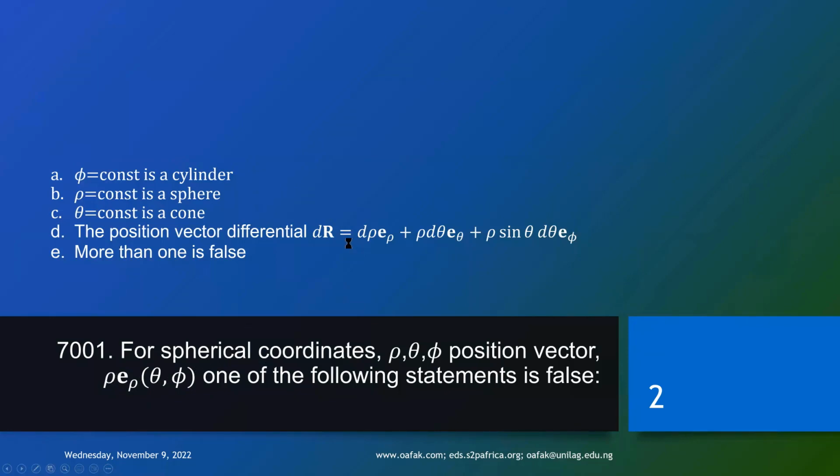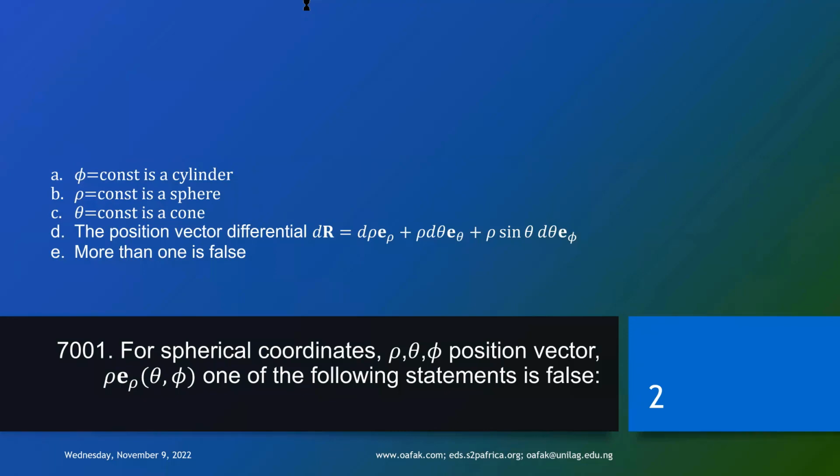How did we now get e rho, e theta, and e phi in the expression for the position vector differential? I want people to go to the chat room and tell me, why is that not wrong? Because only one statement is false. Why is it only the first statement that is false? Of course, rho is a sphere, is correct. Theta is constant, is a cone.